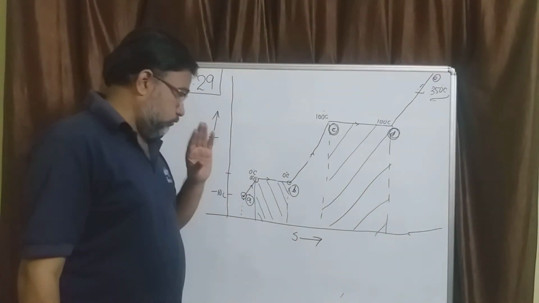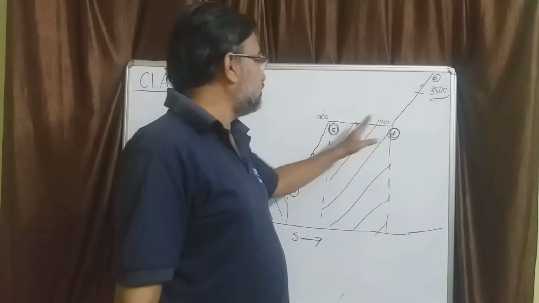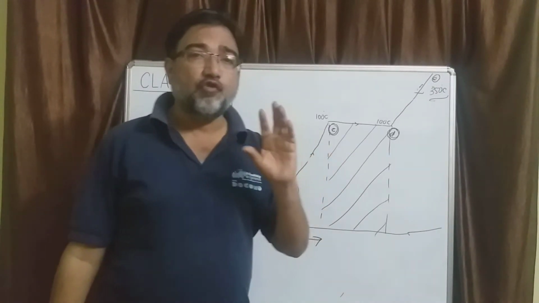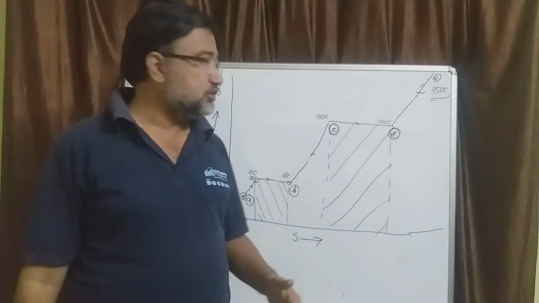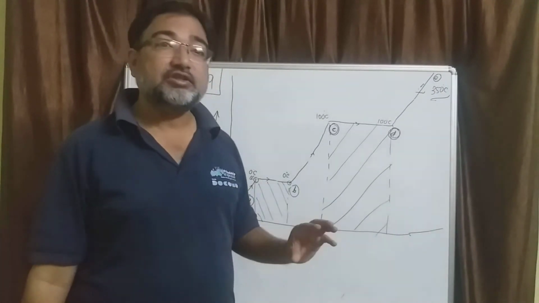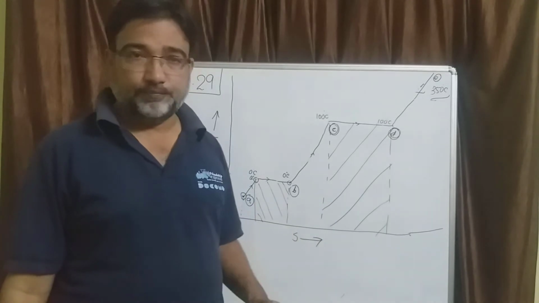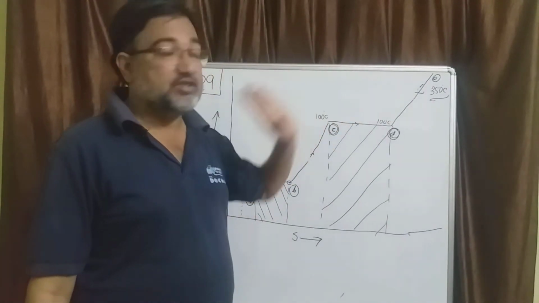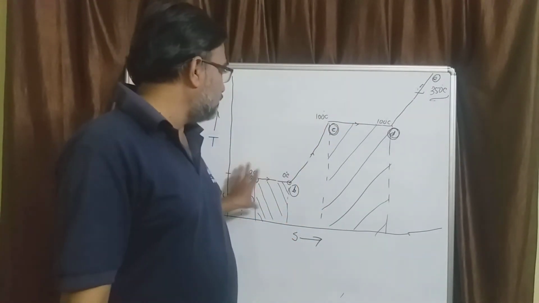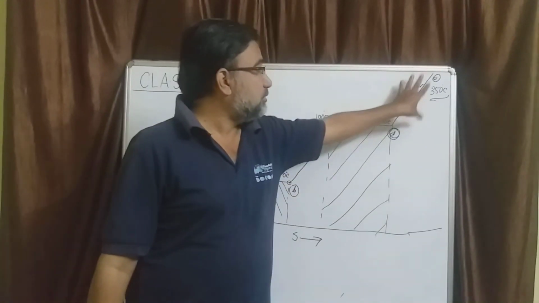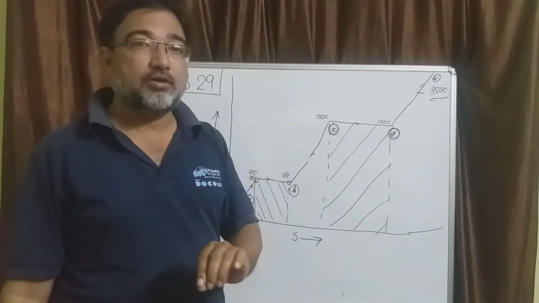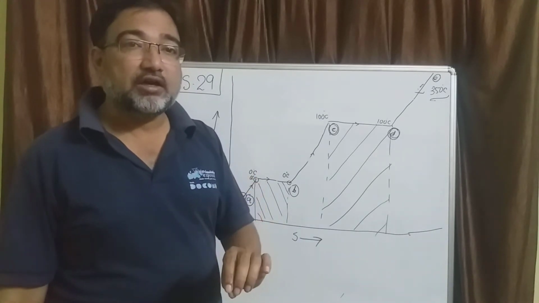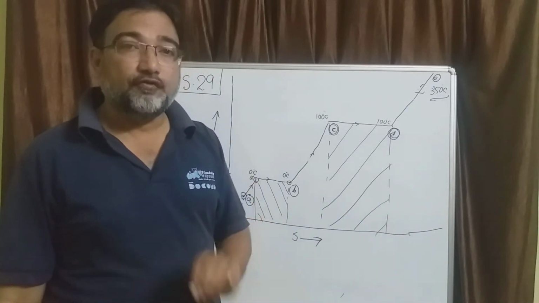So, although there are three phases here, we will be focusing our discussion from now onwards on the phases which are capable of flowing. One is the solid phase, one is the liquid phase, one is the vapor phase.